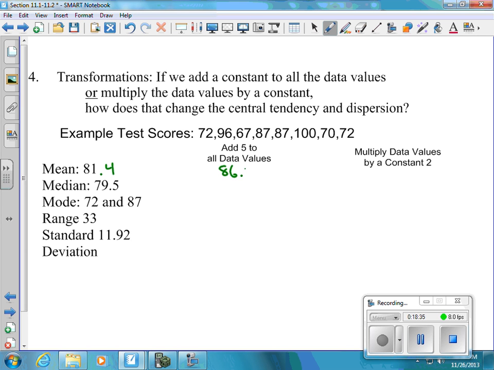Here's what happens. Our average for our data set was 81.4. If we add 5 to all the data values, this is what happens to the mean, median, and mode. These all went up by 5.